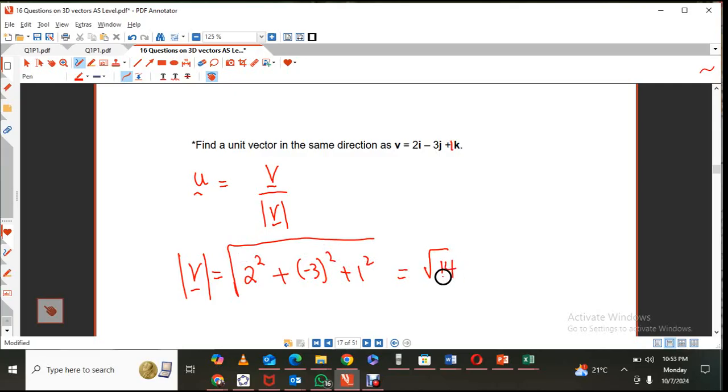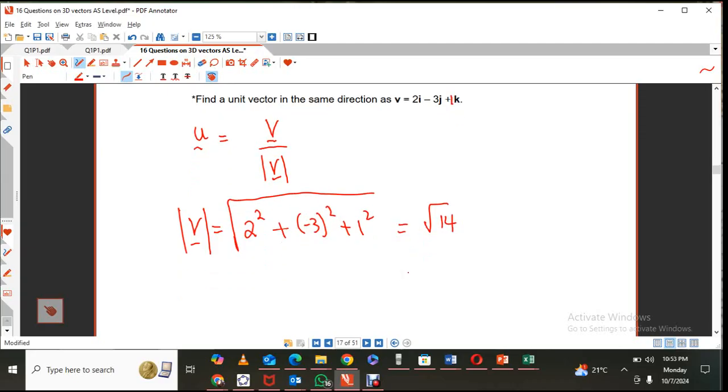So now that I have found the magnitude, I'm going to divide. The unit vector is going to be 1 over root 14 times our particular vector. So in this case, it's going to be each component of that. So it will be 1 over root 14 in brackets 2i minus 3j plus k.